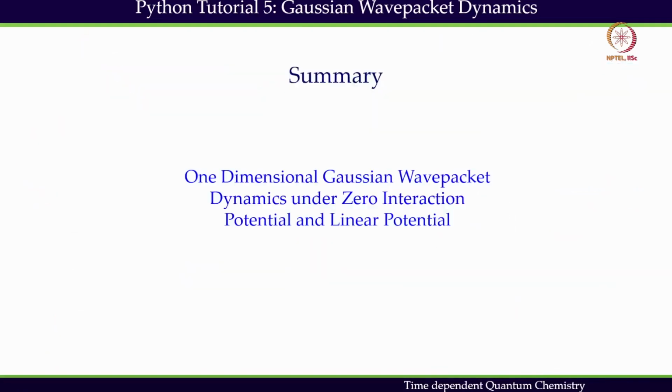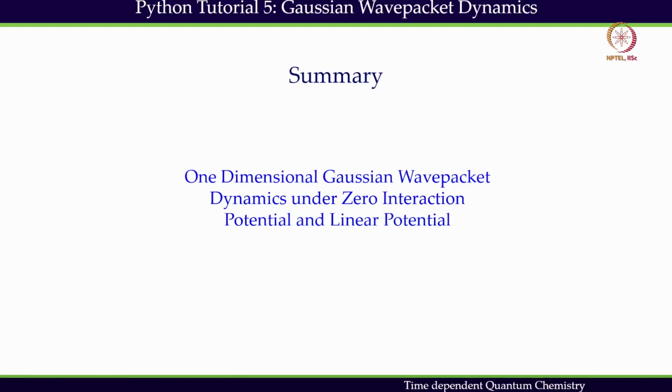So we have come to the end of this present Python tutorial. What we have seen is that we have numerically time evolved the wave packet starting from an initial Gaussian wave packet.